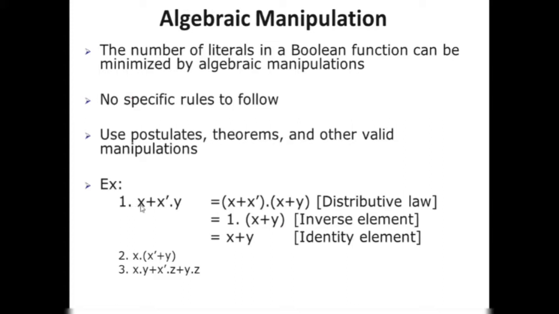So this is the equation given, Boolean function given, x plus x dash dot y. So there you can use the distributive law to write in this way. And then you can use the inverse element and then identity element to write this answer in this way.